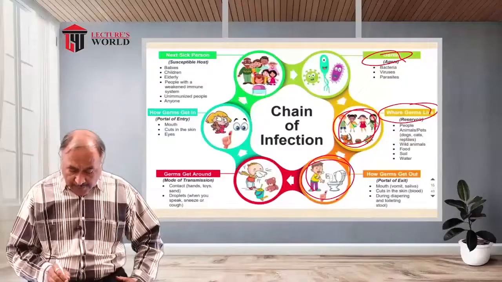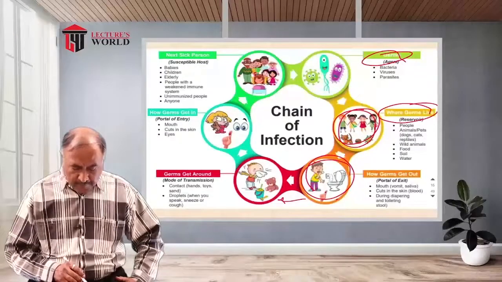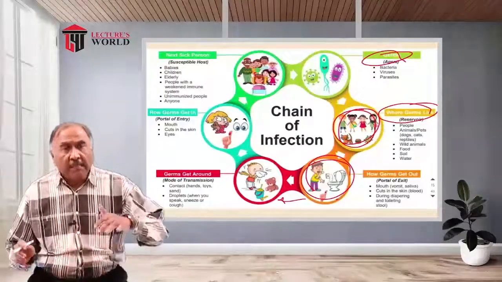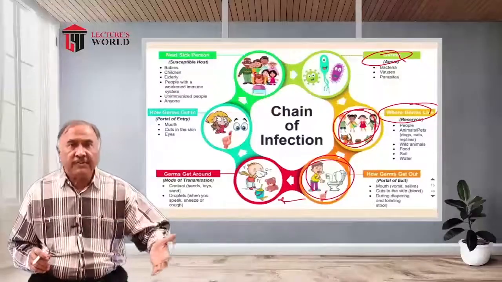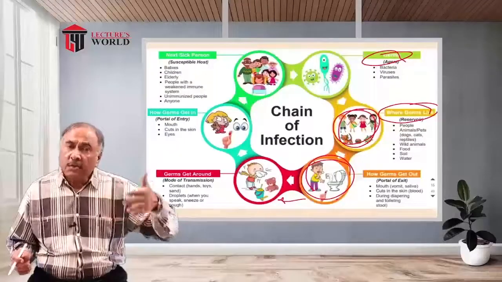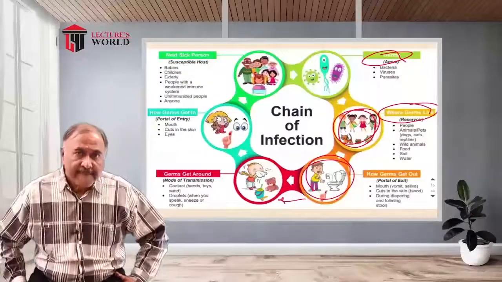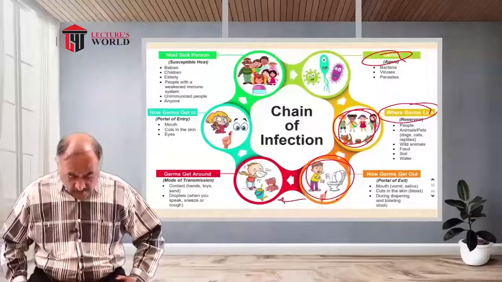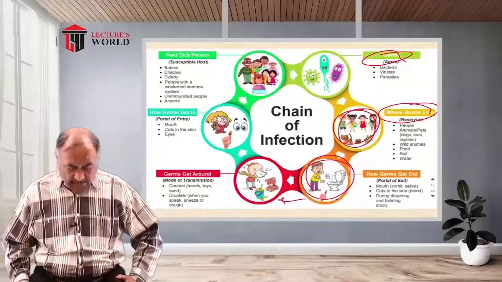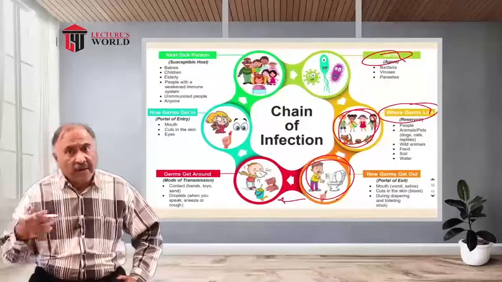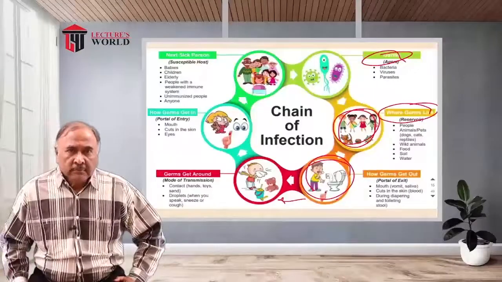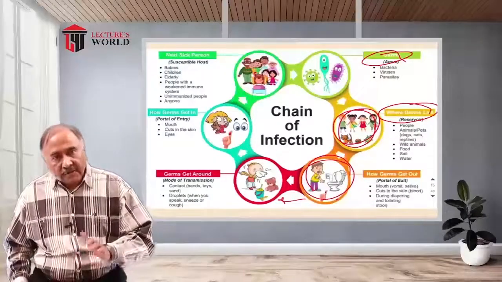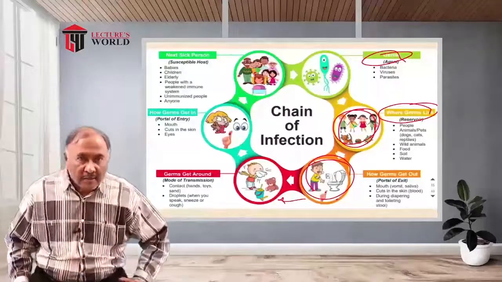Then from here, these pathogens which have come out must be able to reach the new host successfully. That is the way of transmission. And this way of transmission can be either direct or indirect. We will be learning about those direct and indirect modes of transmission in detail at a later stage.